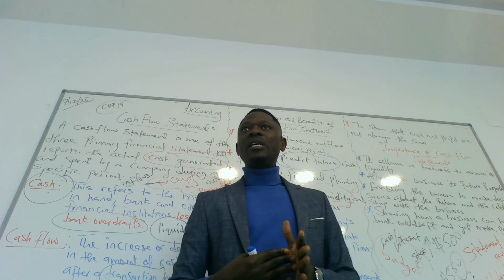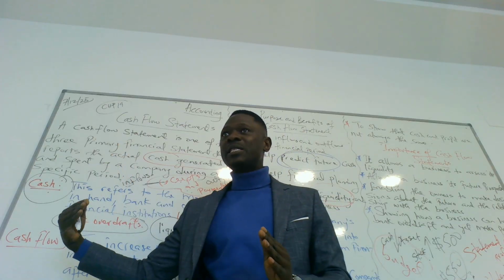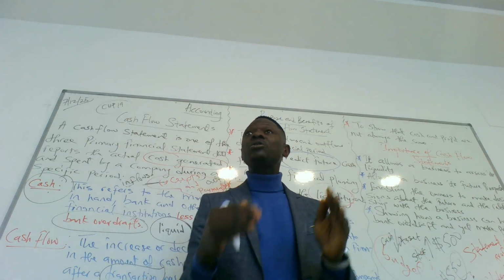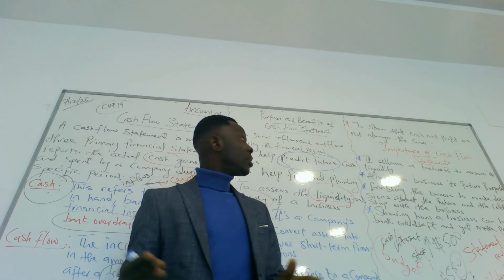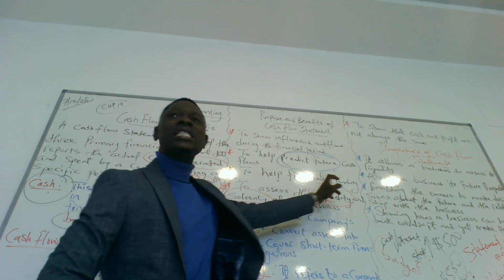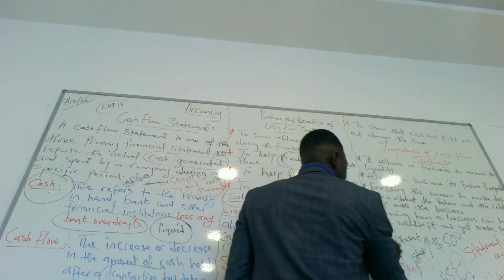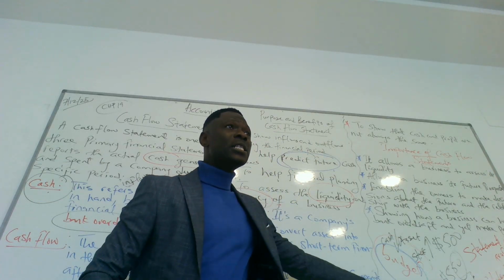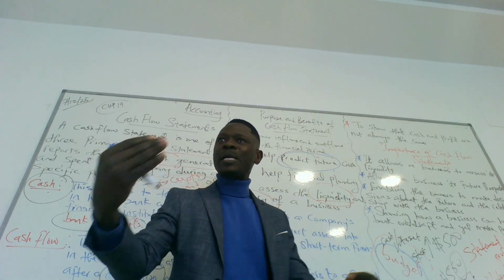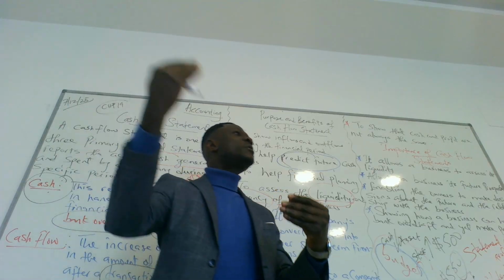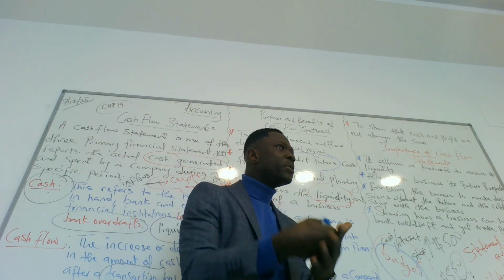Because you have a cash flow statement that you forecasted, it allows you to know how to spend your cash. So the third one talks about what? Financial planning, which is what? Budgets. A financial plan is what? Your budget. The expected revenue and the expected expenditure over a period of time.